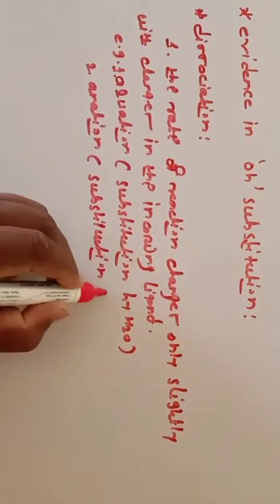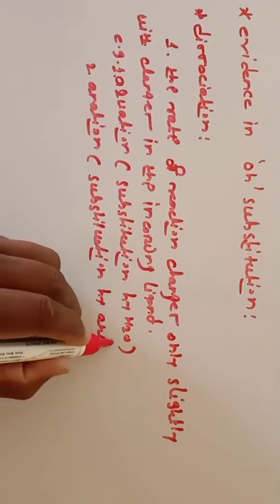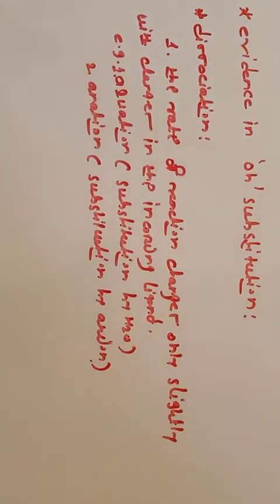So this is an important evidence for this dissociative type of mechanism, that the rate of reaction changes only slightly with changes in the incoming ligand. The examples are the aquation reaction, and second, the anation reaction.